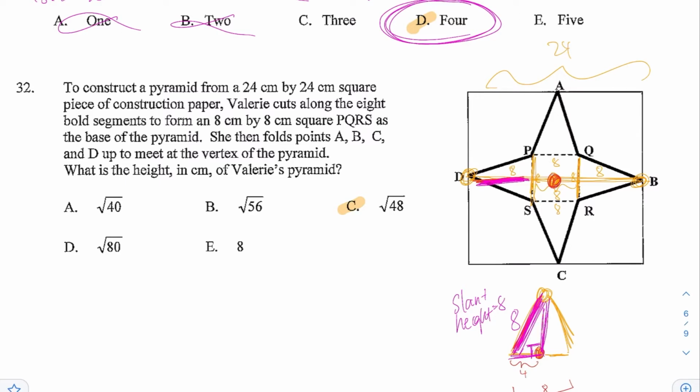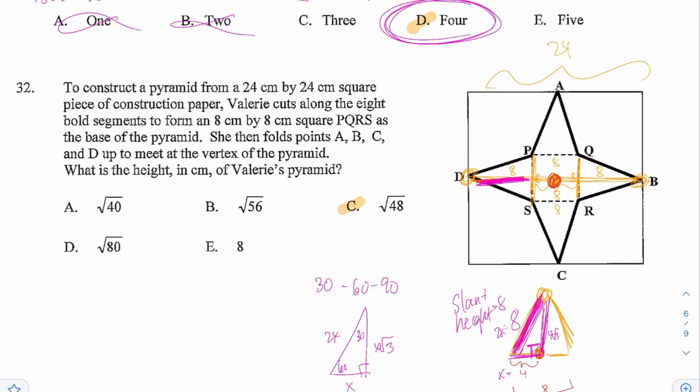You can use Pythagorean theorem to figure this out, or this is actually one of your special right triangles. It's your 30, 60, 90 special right triangle, where you have sides of x, 2x, and x root 3. Because you have the 4 and the 8, you know that x is equal to 4, the 2x would be 8, and the height would be equal to 4 root 3.